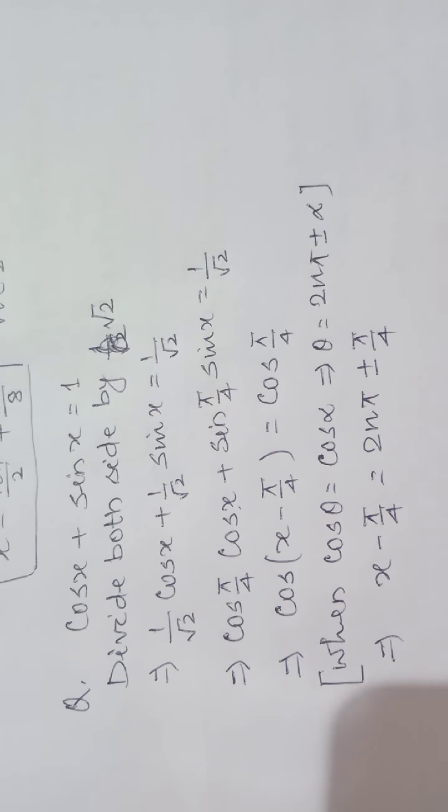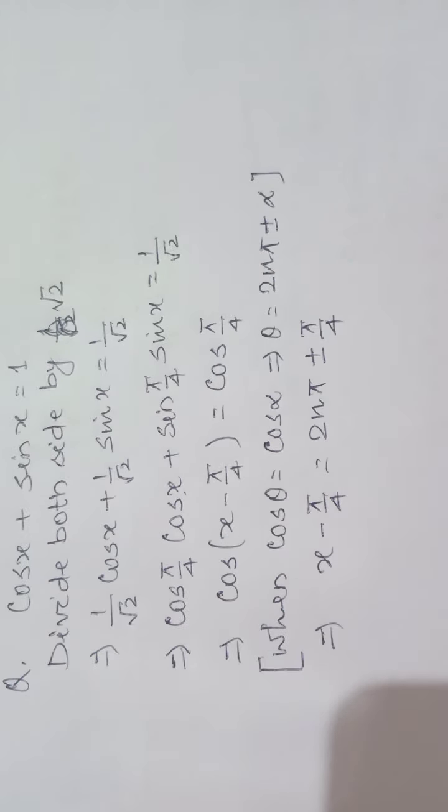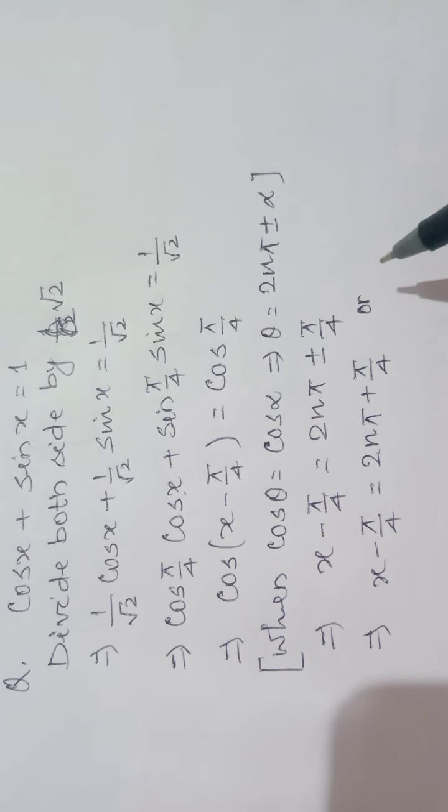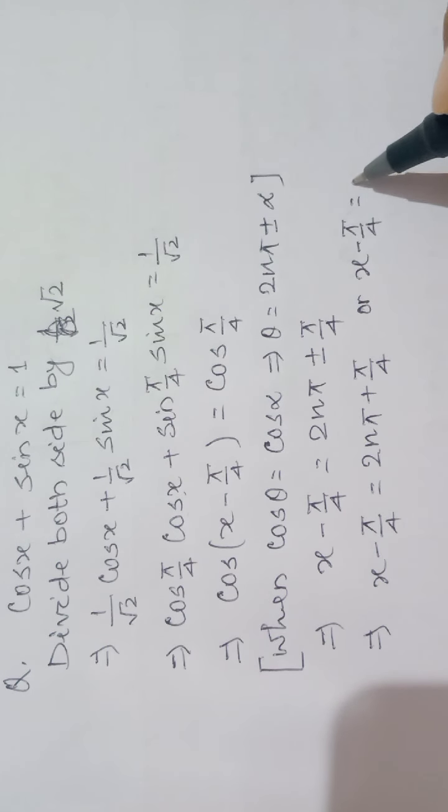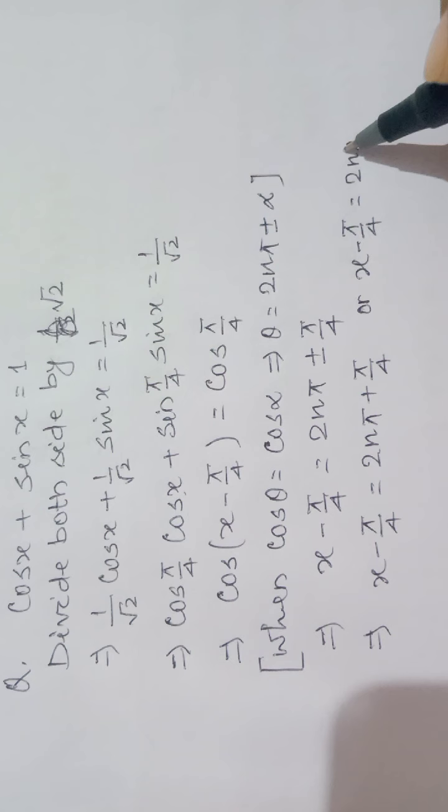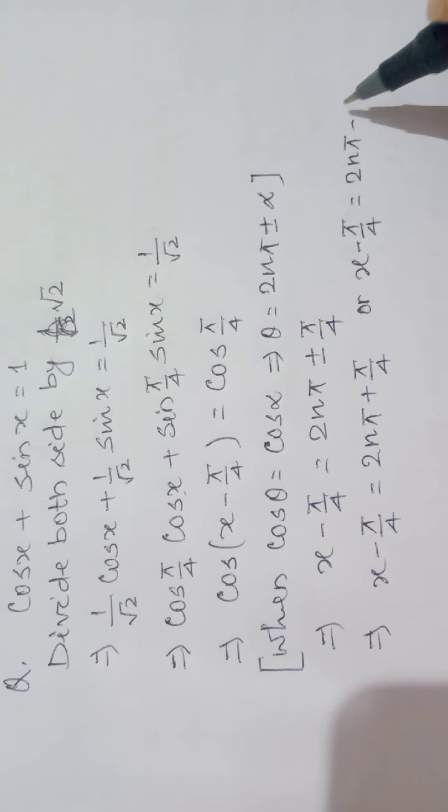Now simplify it. Simplify it means x minus pi by 4 should have two values. One is 2n pi plus pi by 4 and another value is x minus pi by 4 should equal 2n pi minus pi by 4.